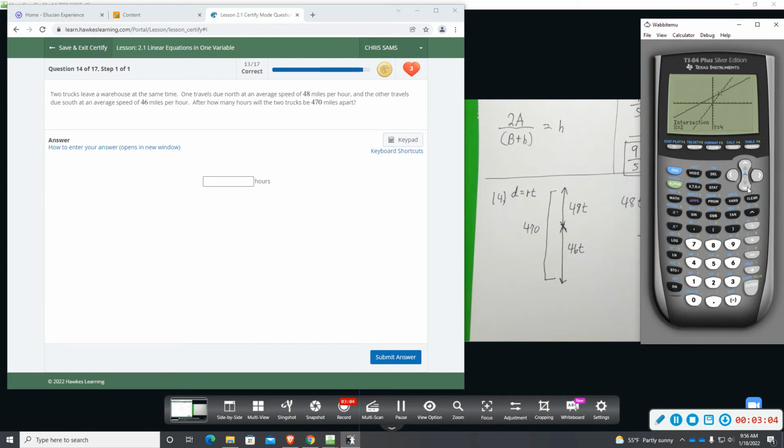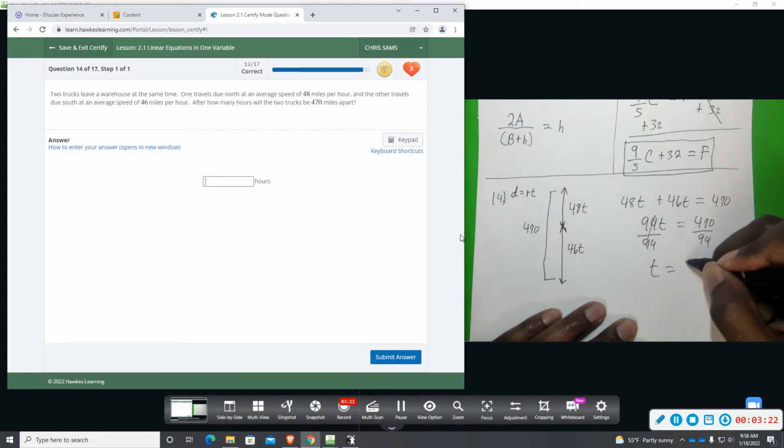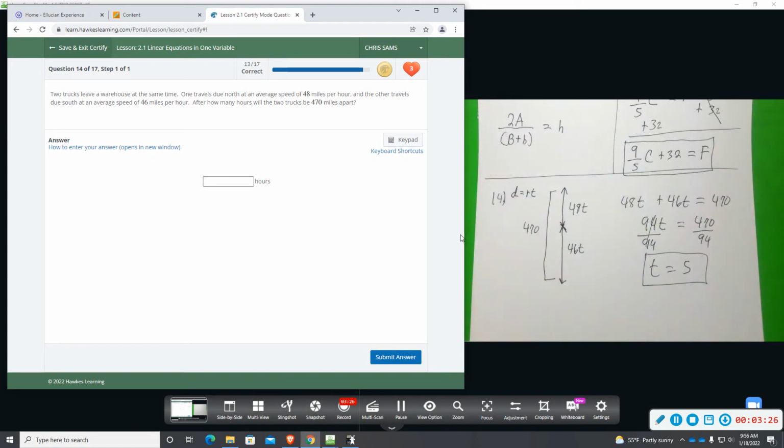I'm going to clear, or just second mode to quit, second quit, and I'm going to do 470 divided by 94. And that gives us 5. So after 5 hours, these two trucks will be 470 miles apart. So t equals 5. The time is 5 hours.